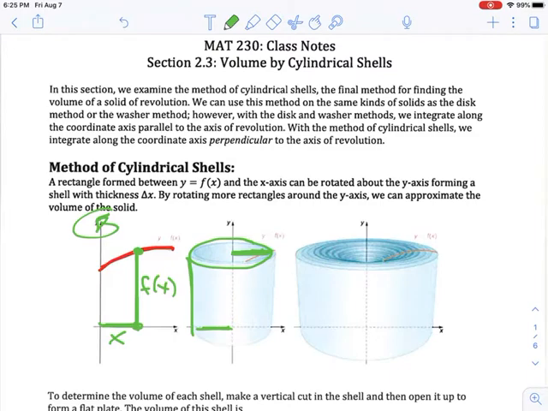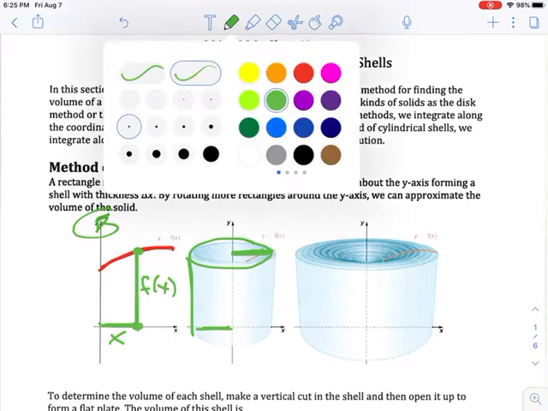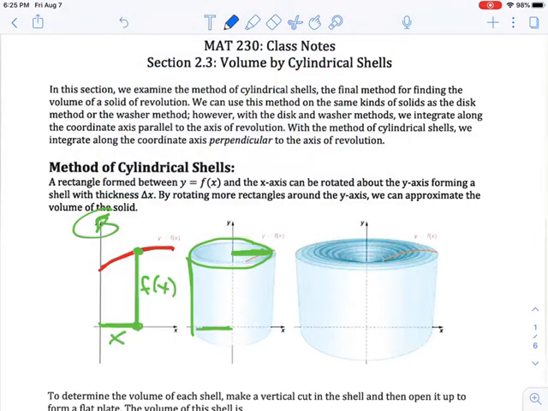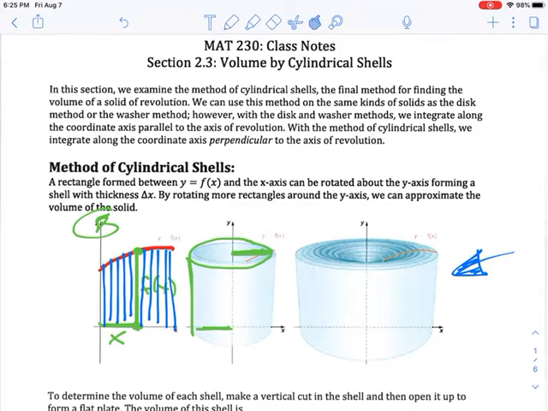All right, so if we take a whole bunch of little rectangles, like we always do, and rotate all of these rectangles around the y-axis, then what we're going to have is a whole bunch of cylindrical shells like we have in this diagram here. Now, the interesting thing about that is we can find the volume of each cylindrical shell very, very easily. And so we'll take a look at how we do that now.